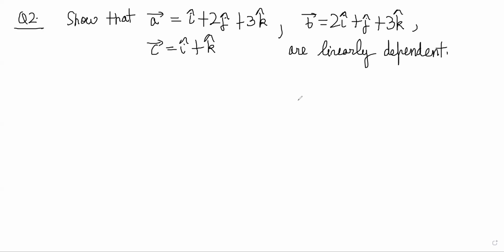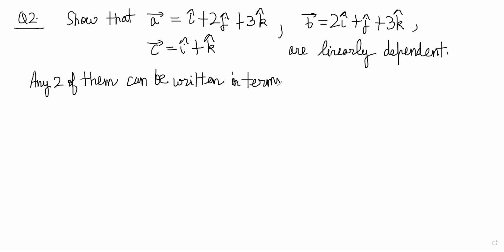Okay, so if they are linearly dependent on each other, then we can suppose that any one of them can be written in terms of the others.